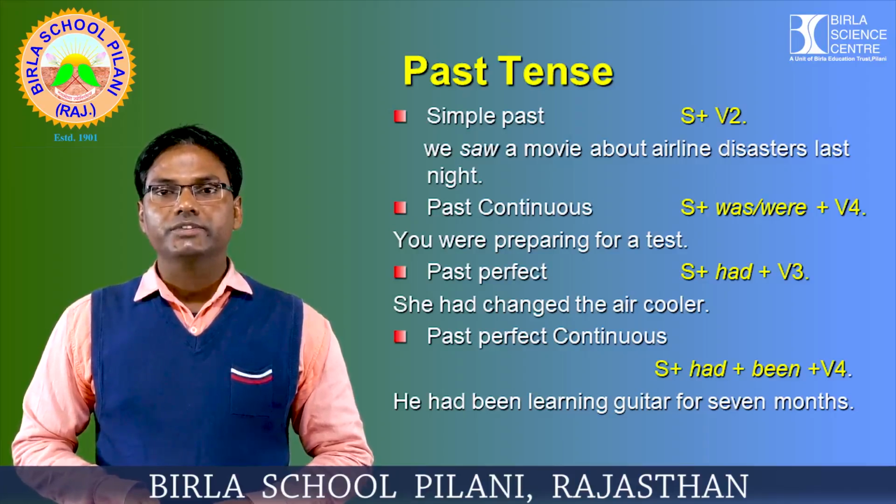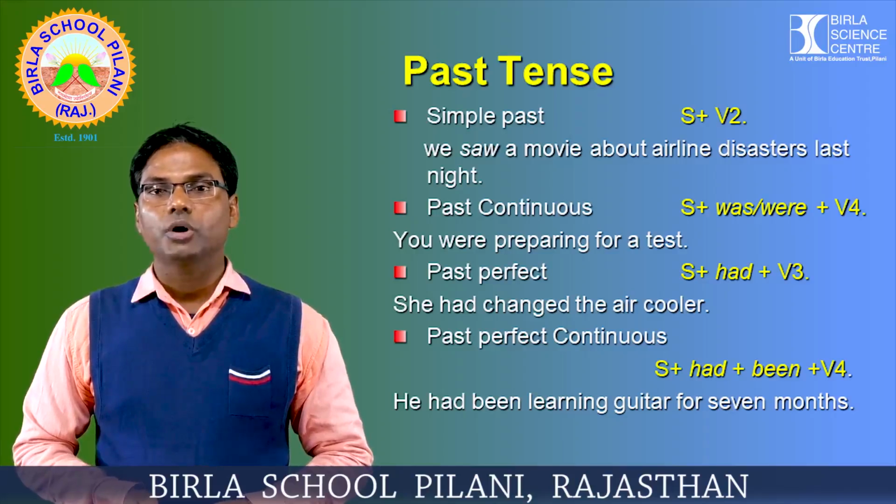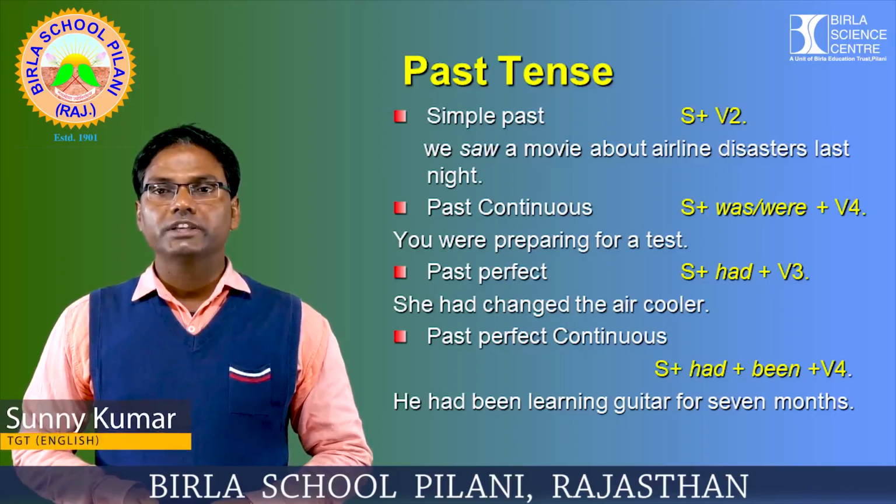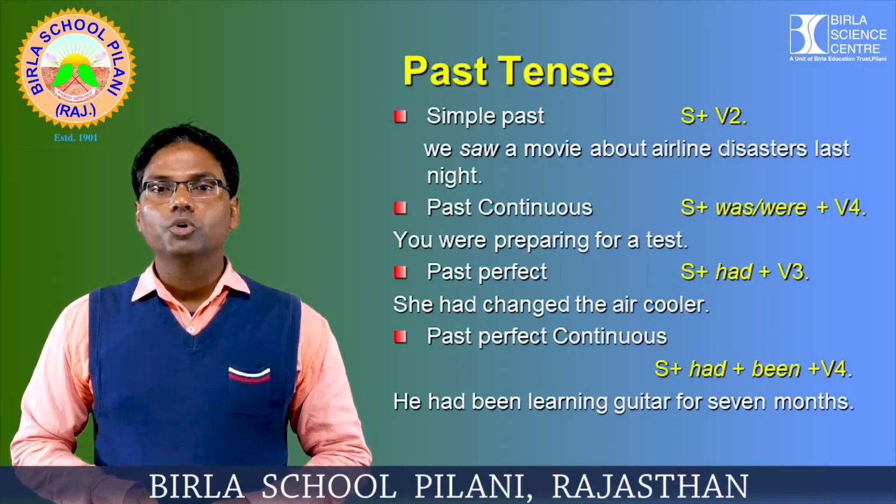Simple past tense is expressed with the structure of subject plus second form of the verb. Second form of the verb you can also call the past form of the verb. See the example. We saw a movie about airline disasters last night. Now we will discuss more about it in the next slide with its uses.